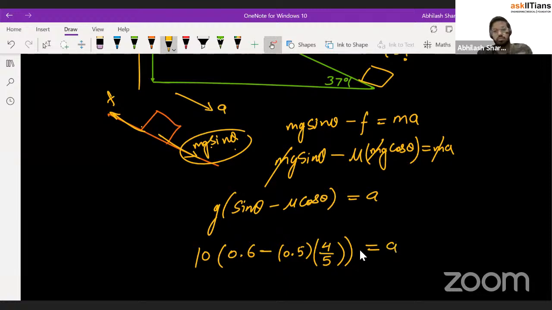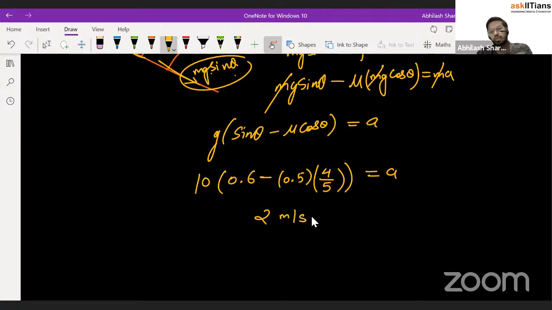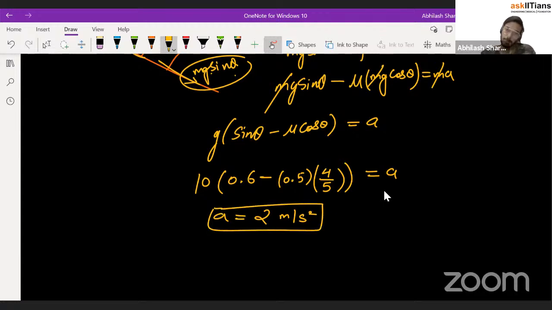That's a. So what is inside the bracket? That will be 0.6 minus 0.4, which is 0.2. 0.2 into 10 is 2. So acceleration is actually 2 meters per second square. That's the acceleration. We just substituted the values, nothing else.